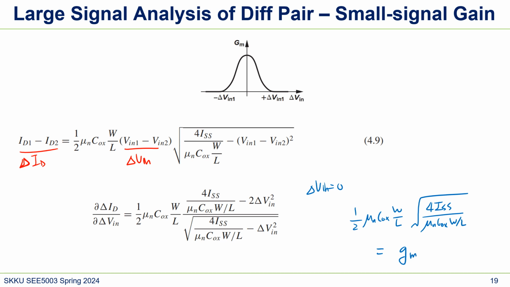This is actually gm1 or gm2 when Vin is 0, which means Vin1 is Vin2. So our effective transconductance is gm at equilibrium. When the voltage difference is 0, we get the largest transconductance.